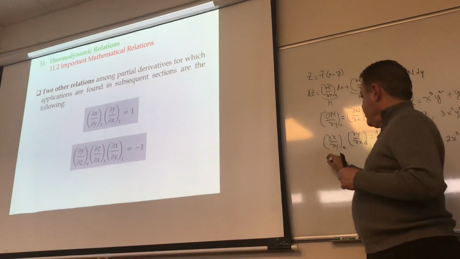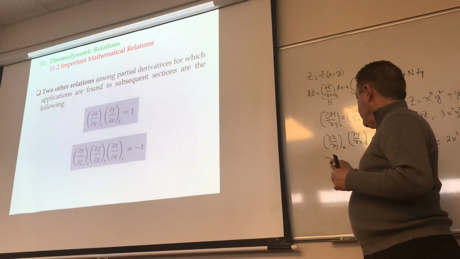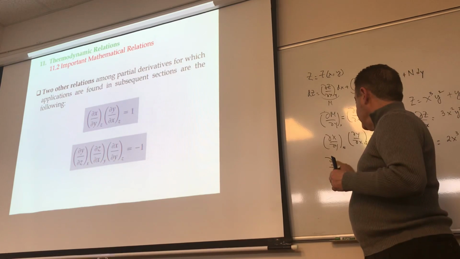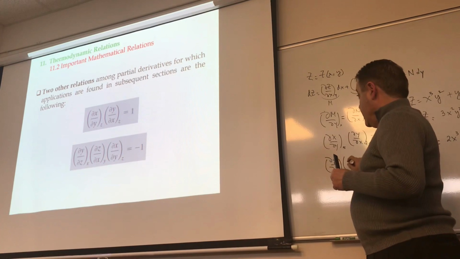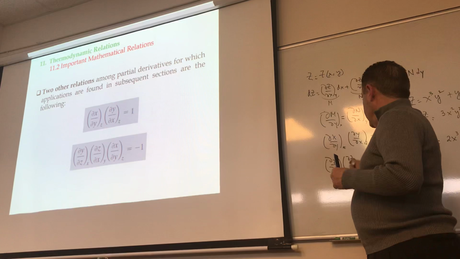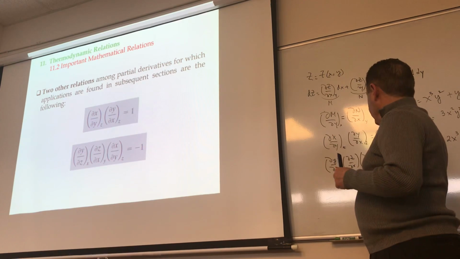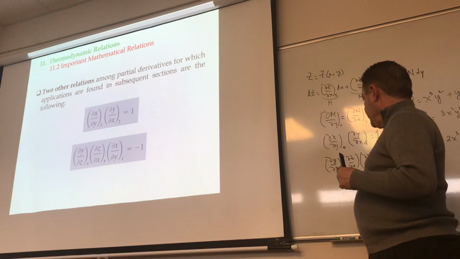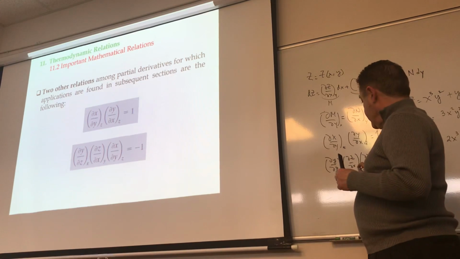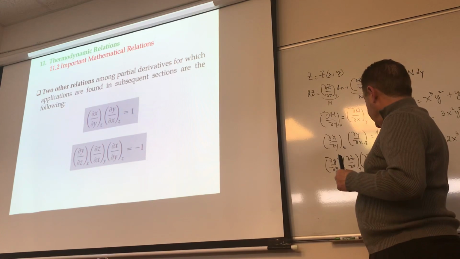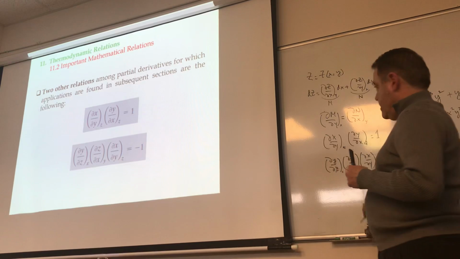And then there is a third relationship, which is dy over dx, dy over dz times dz over dx times dx over dy. The derivation of this is either in the book or available online, and it is equal to -1.